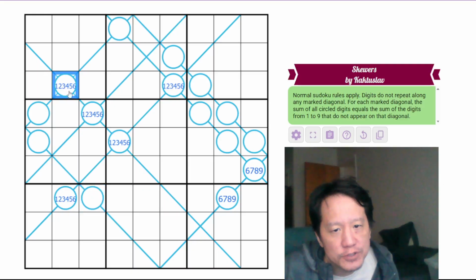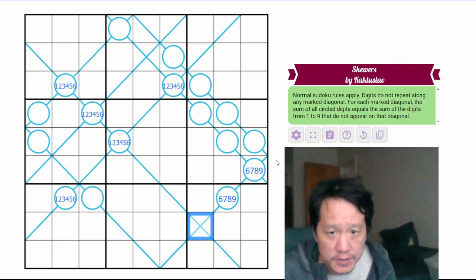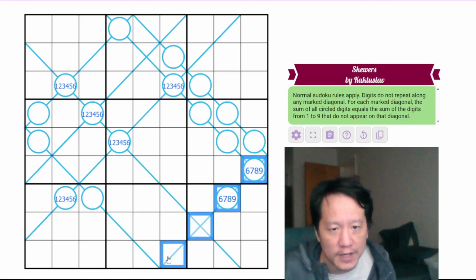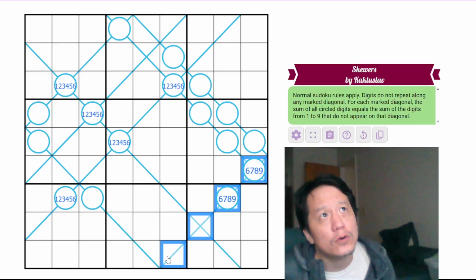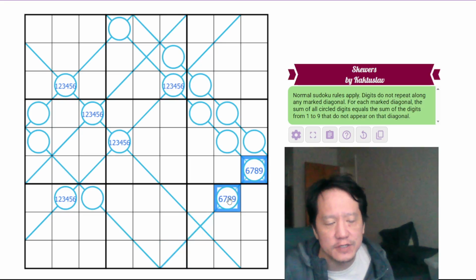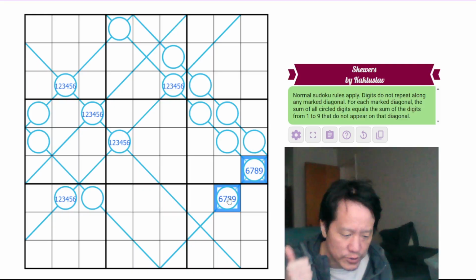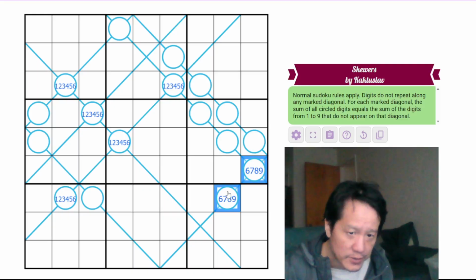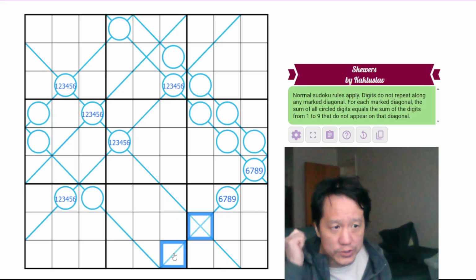We know there's a guaranteed... Okay, so 1 cannot be here because these digits must add up to what are not on this line. So 1, 2, what's the maximum you could have? You could have 17 here. So that would be 1, 2, 3. You can't have 1, 2, 4, 5, 6. So you're guaranteed on this line cannot be 1, 2, or 3, right?